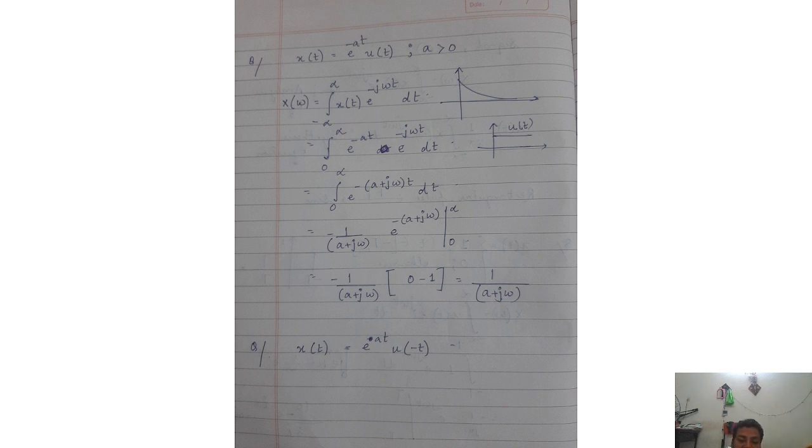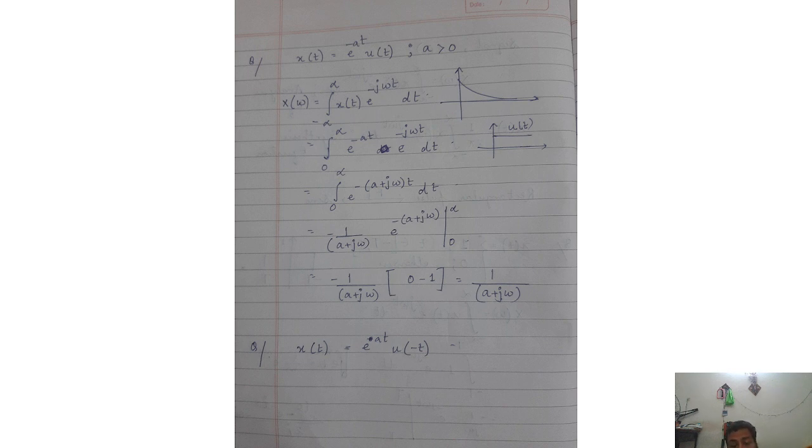And remember the integration formula, the integral of e to the power minus mx dx is equal to minus 1 by m into e to the power of minus mx. So using this integration formula, we get the next line as minus 1 by (a plus j omega) into e to the power of minus (a plus j omega) t, where t goes from 0 to infinity.